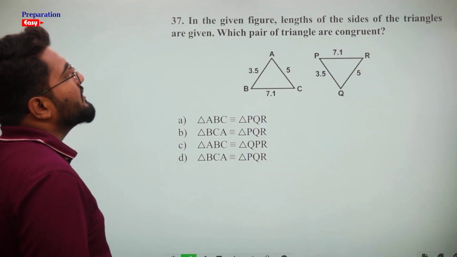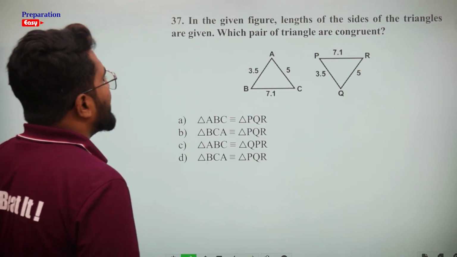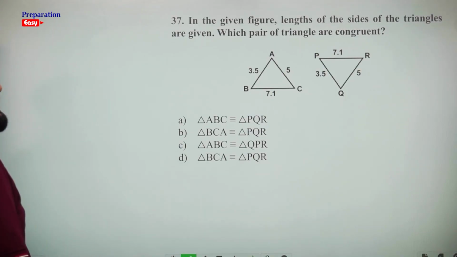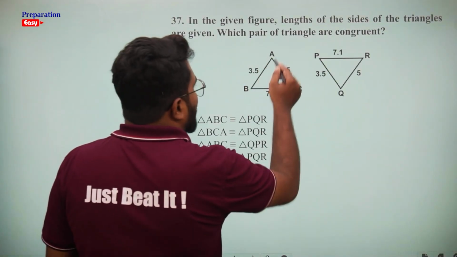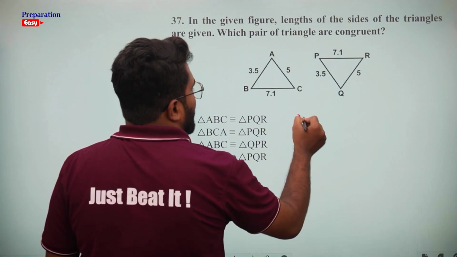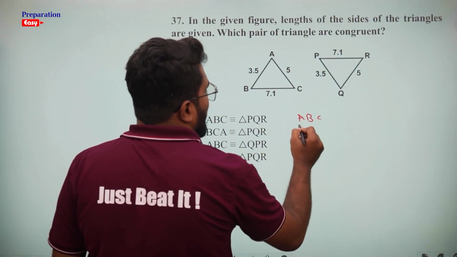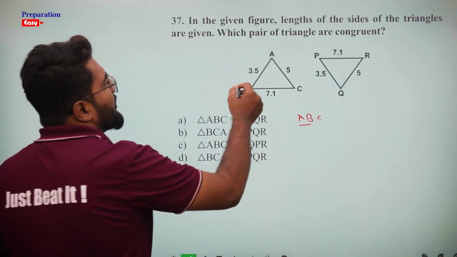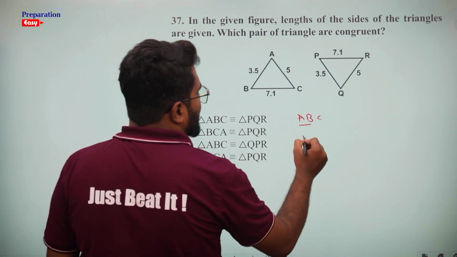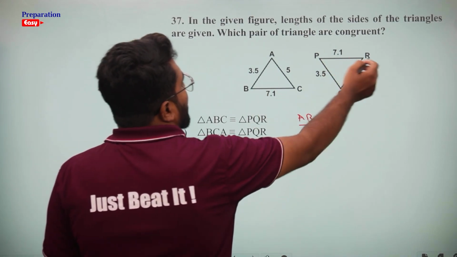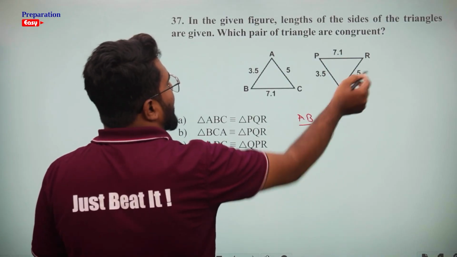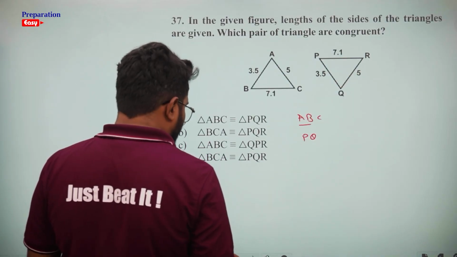In the given figure, lengths of the sides of triangles are given. Which pair of triangles are congruent? Let's consider for first ABC. AB is 3.5. PQ is also 3.5. Now BC is 7.1 and PR is 7.1.